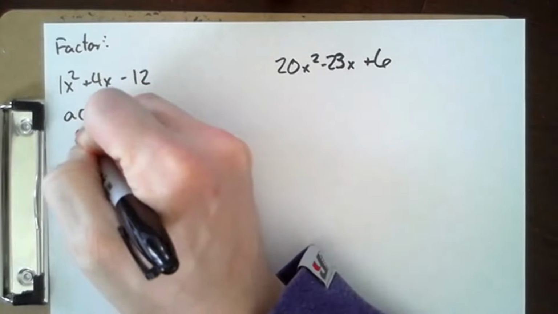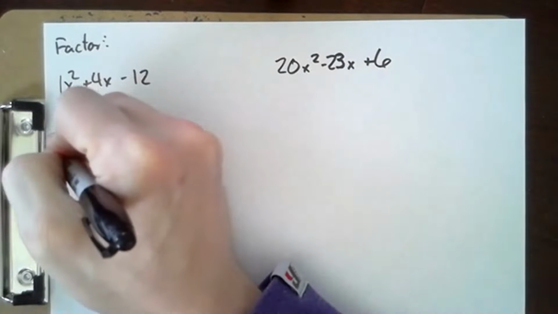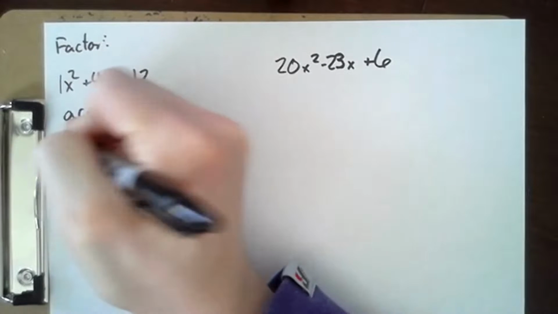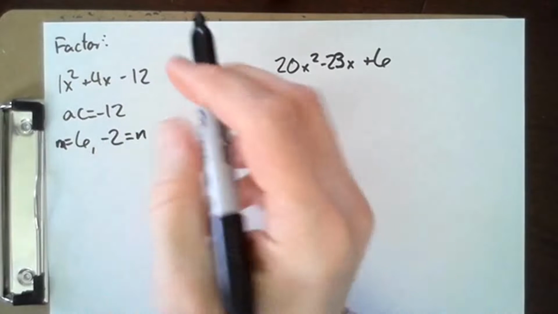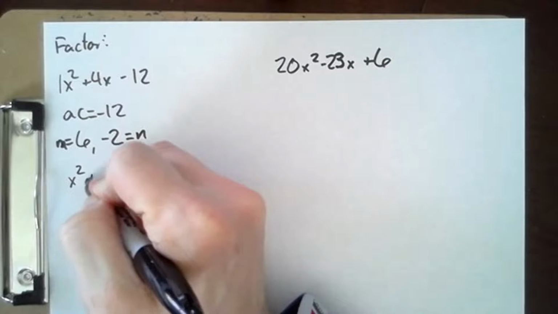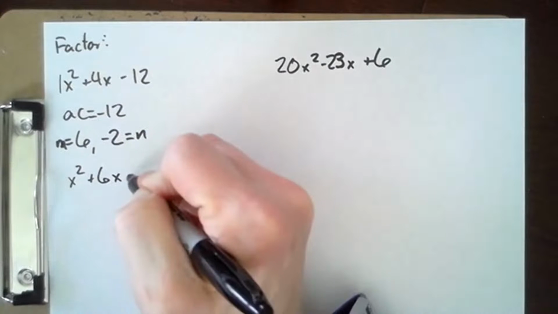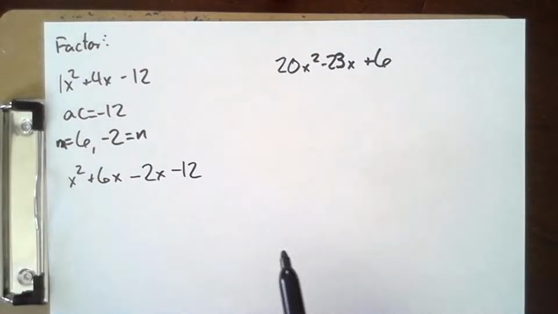Those two numbers would be 6 and negative 2. So we'll say m equals 6 and n equals negative 2. So we rewrite this as x squared plus 6x minus 2x minus 12.